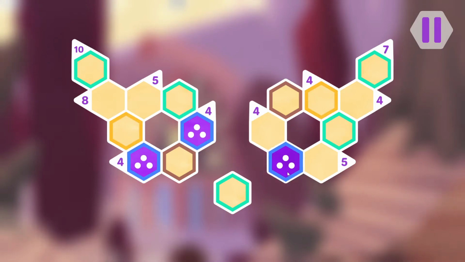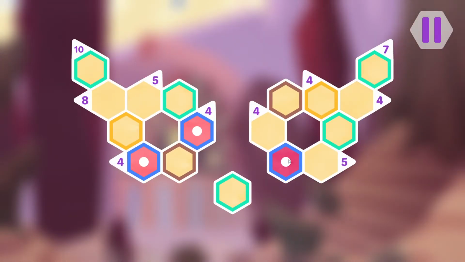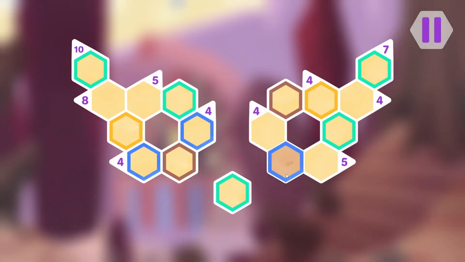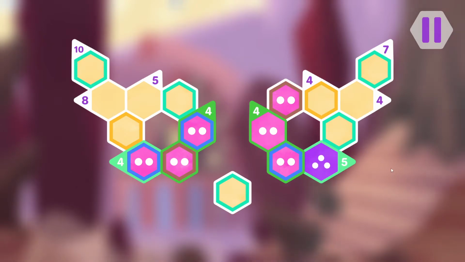So if this is 3, then it will be 2 here, 1 here, 1 here. Okay, let's restart. Let's say it's 1. Oh, it can't be 1. Obviously, it can be only 2 or 3. Let's say it's 2. If this is 2, then this is 2 as well. 2 over here, 3 over here.